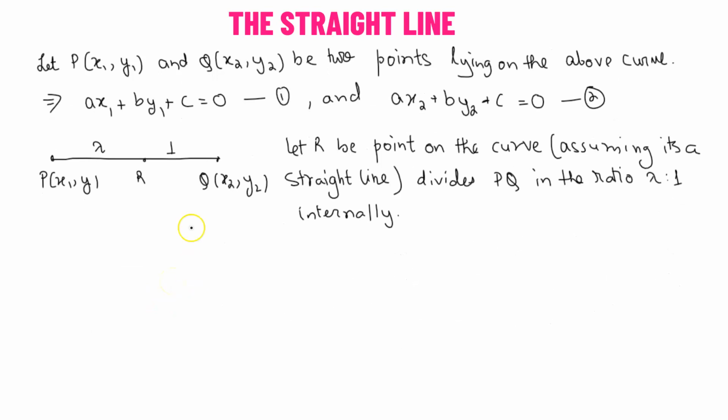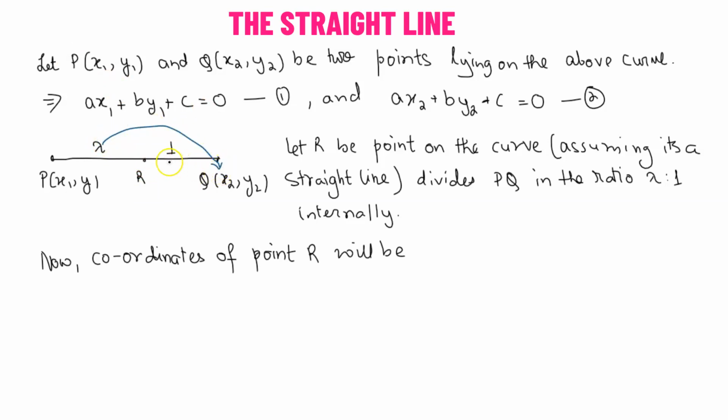So if it is dividing it in the ratio lambda is to 1 internally, we can apply the section formula to obtain the coordinates of point R. All we have to do is take lambda and multiply it with Q, and 1 will get multiplied with P. Meaning, if we start with the x coordinate, we'll take lambda and multiply with the x coordinate of Q, and then add it to 1 times the x coordinate of P, so we have x1, divided by the sum of the ratios, so we have lambda plus 1.